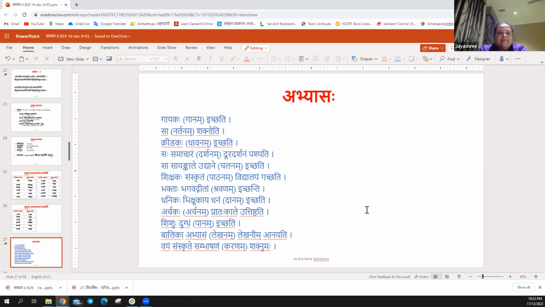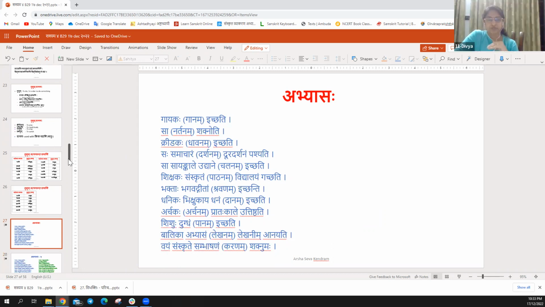So kartum here would be like we are able to. Kartum. Yeah. Samskrite. In Sanskrit. That will be Saptami Vibhakti. Samskrite. Okay, we are able to have conversation in Sanskrit.